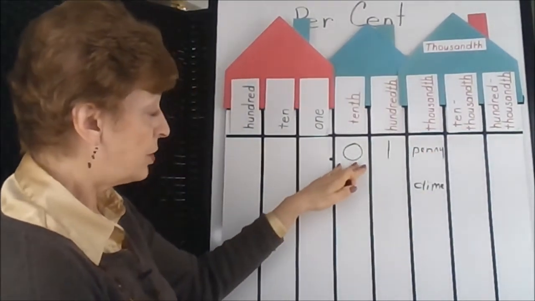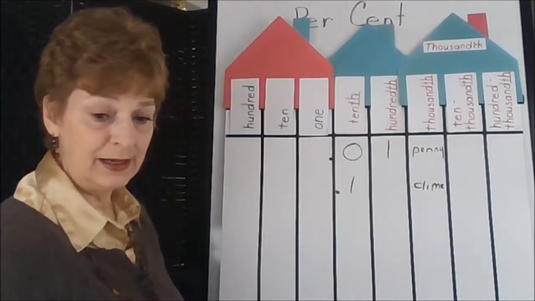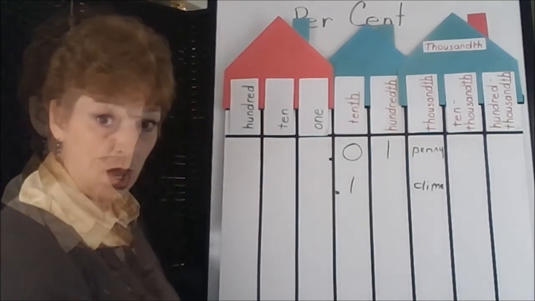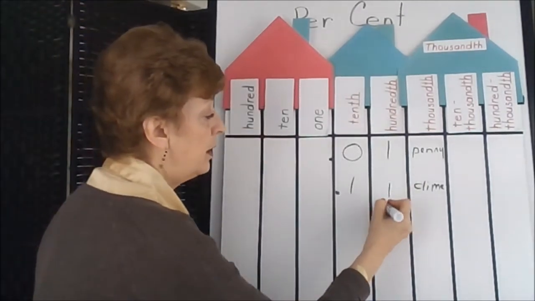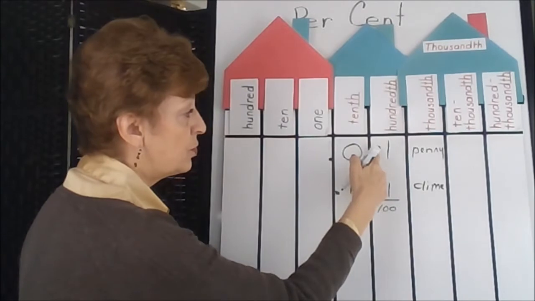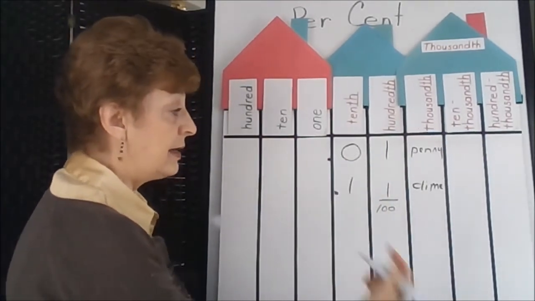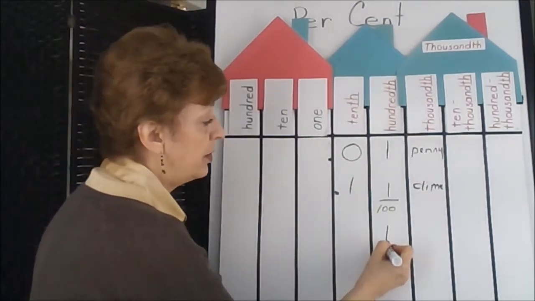All right, so we could say 1 penny like this as a decimal number. Also call it 1/100th, because there's 1 in the 100th column. And as a percent, we could call this 1%.